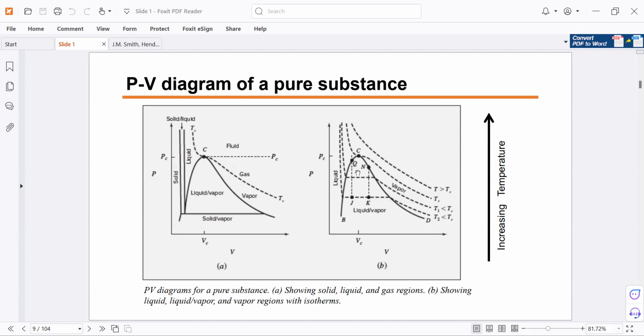Inside the curve, we also call that saturated liquid-vapor because it consists of two phases, vapor and liquid, so it's said to be saturated.